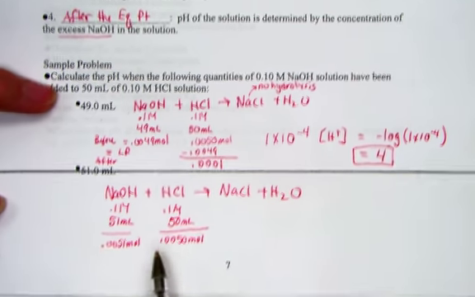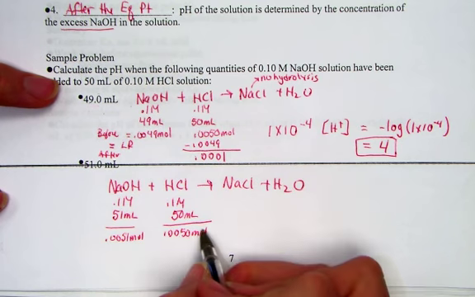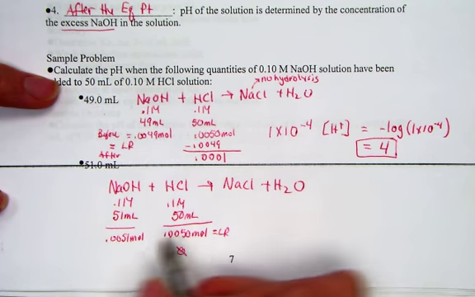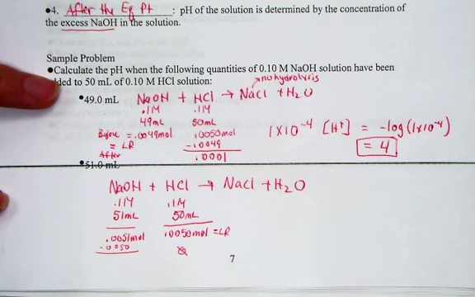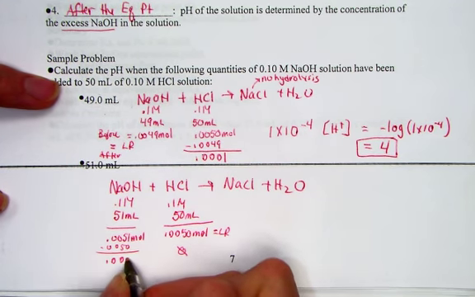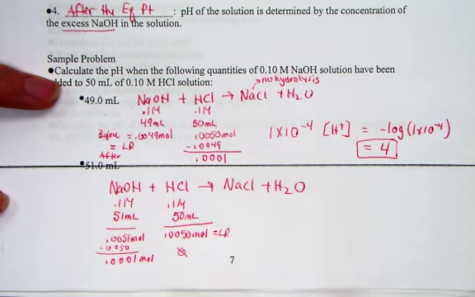Now I'm considering a new scenario. It's the acid that is the limiting reagent. It is the smaller of the two numbers. So after the reaction, it's gone. And along the way, it's used up 0.0050 moles of the base, leaving us 0.0001, or 1 times 10 to the negative 4th moles of excess base.